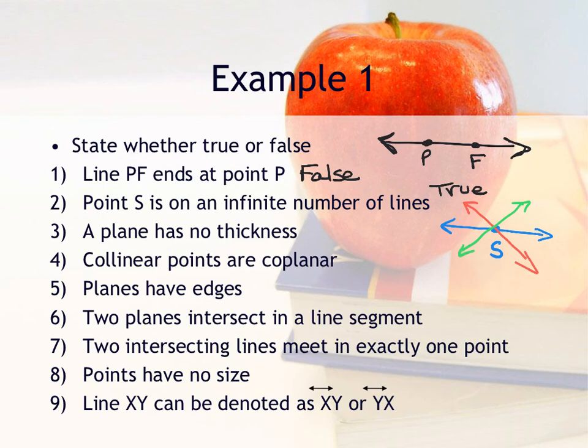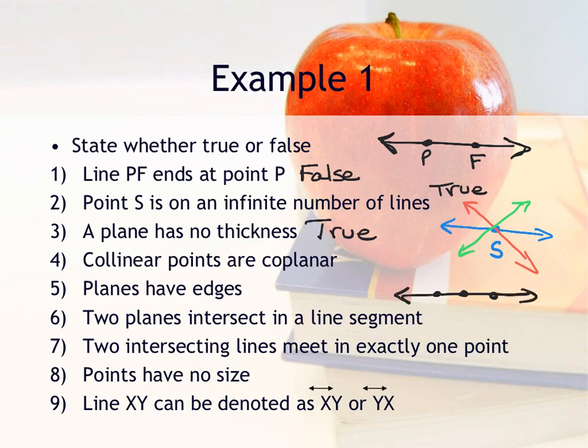What about a plane has no thickness? True or false? About number 2. True, it's right from the slide, good. Okay, collinear points are coplanar. False. Okay, let's draw some collinear points.